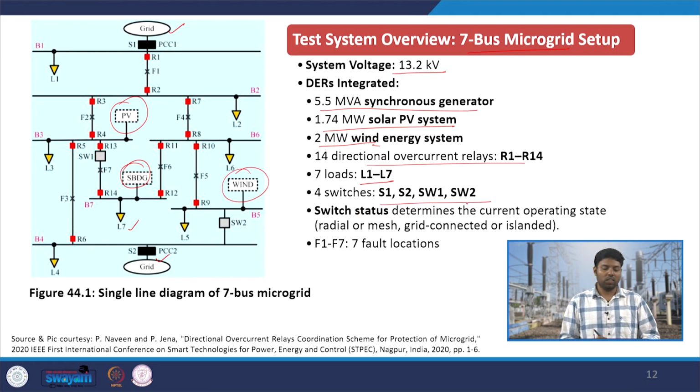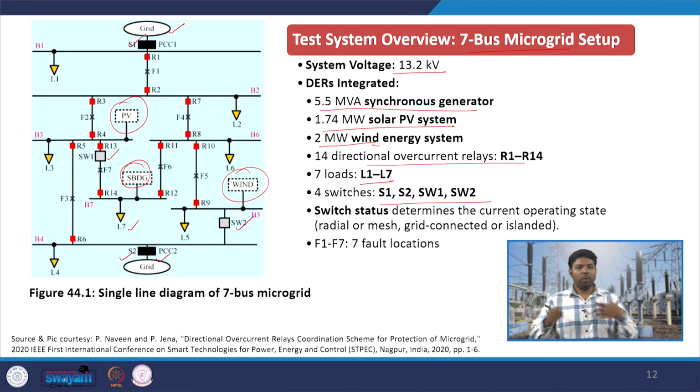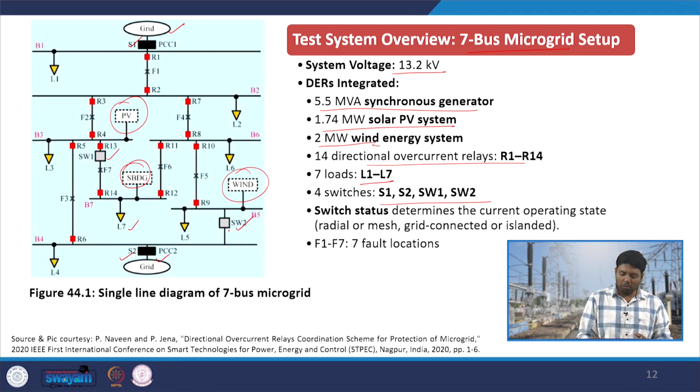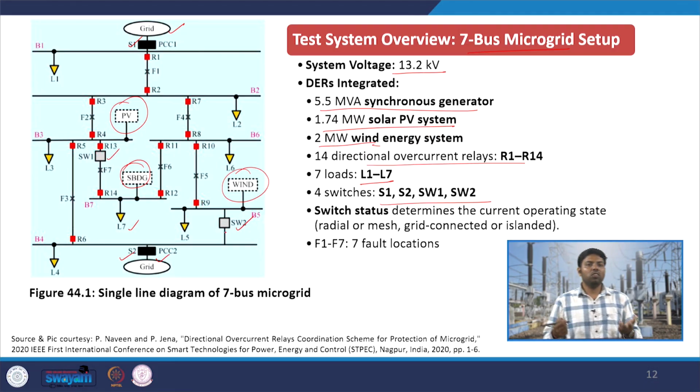Then you have 4 switches: S1, SW1, S2 and SW2. With S1 and S2, you can change the PCC point, like you can go with 1 PCC point or 2 PCC points, depending upon the switches. And SW1 and SW2 determine whether your system will operate as a radial network or as a mesh network.